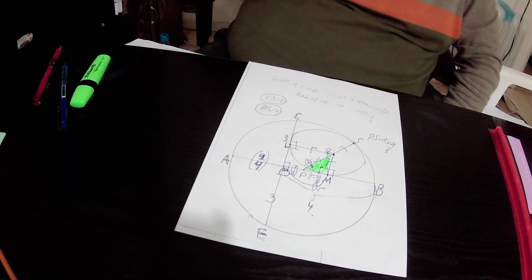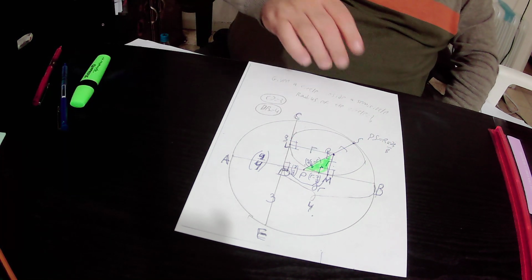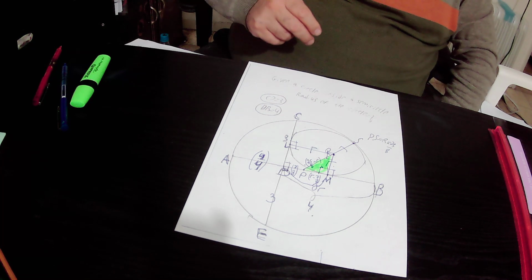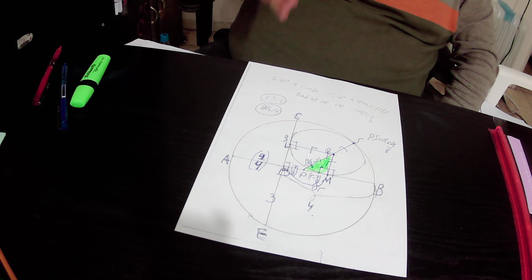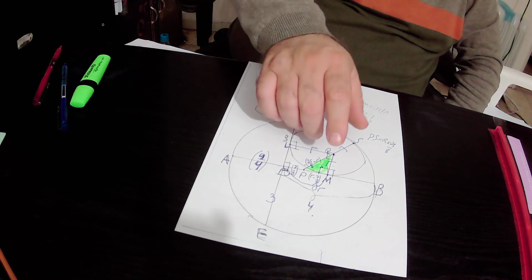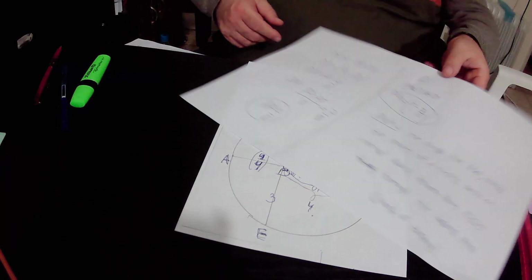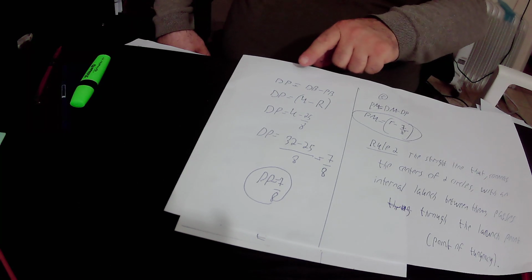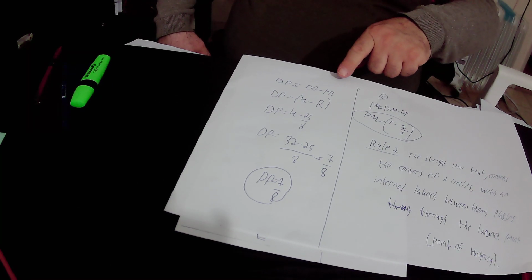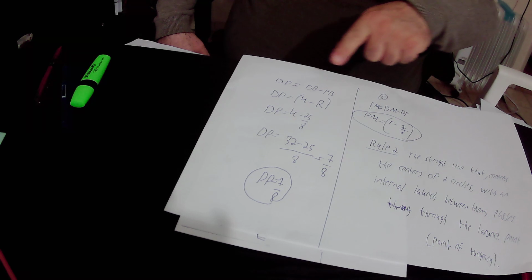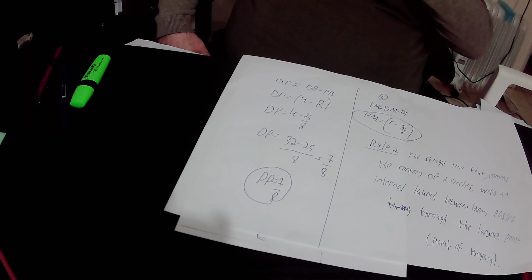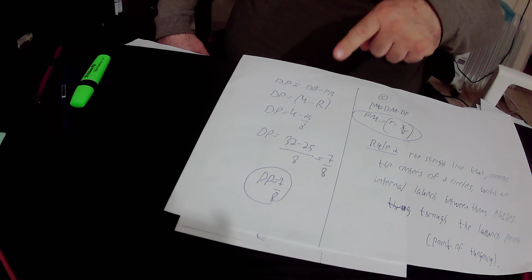P is the center of the big circle, and B is a point on the big circle itself. This is exactly the definition of a radius. That is to say, PB equals the radius of the big circle, that is capital R. Very simple. So in conclusion, we found out that DP, that is equal to DB minus PB, equals 4 minus capital R. So DP equals 4 minus R.